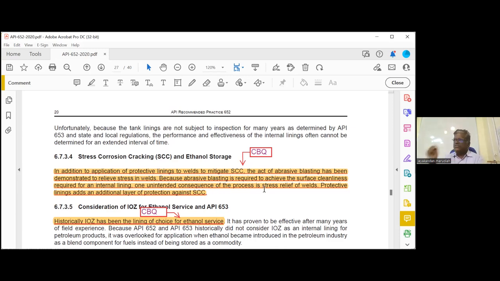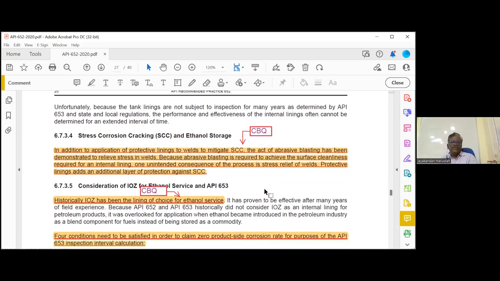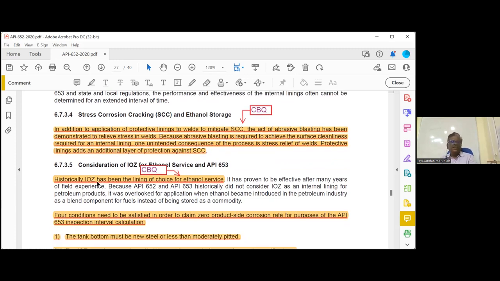It can relieve the stress because we are using force. Abrasive blasting like grit blast or sand blast can sometimes relieve the stress. That is an additional advantage. Historically, inorganic zinc has been the lining choice for ethanol. We will use it only for ethanol or methanol storage.